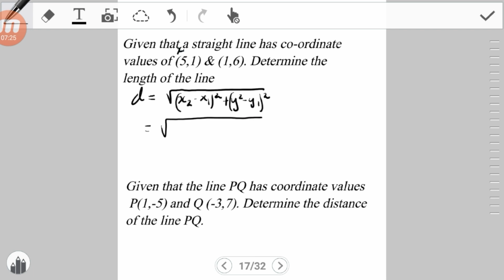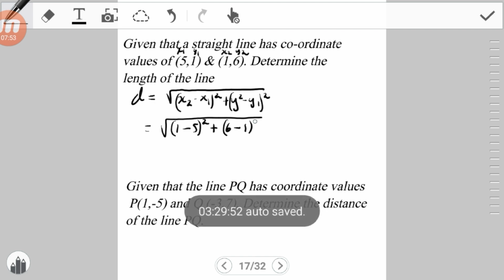So we could say that this is x1, this is y1, this is x2, this is y2. Okay, so labeling our points, pardon me, x2 is going to be 1 minus x1, which is 5, squared plus y2, which is 6, take away y1, which is 1, squared.